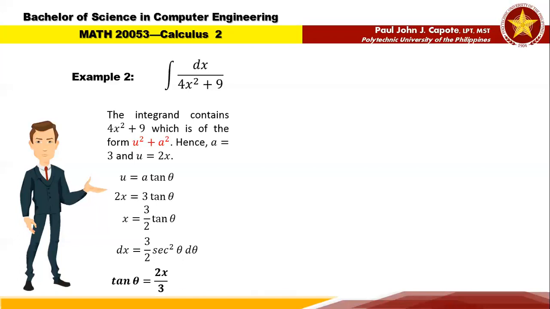From trigonometry, we know that tangent theta is the ratio of the measures of the opposite side and the adjacent side. So given a right triangle, given the measure of our theta, the opposite side measures 2x and the adjacent side measures 3.